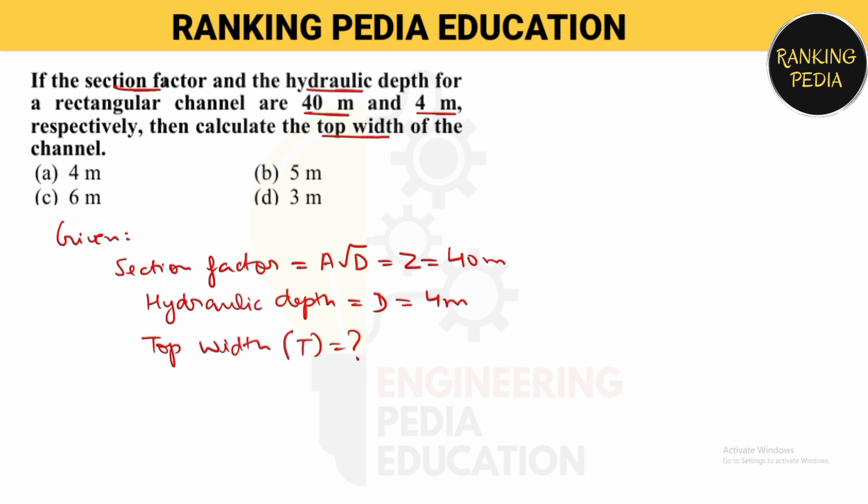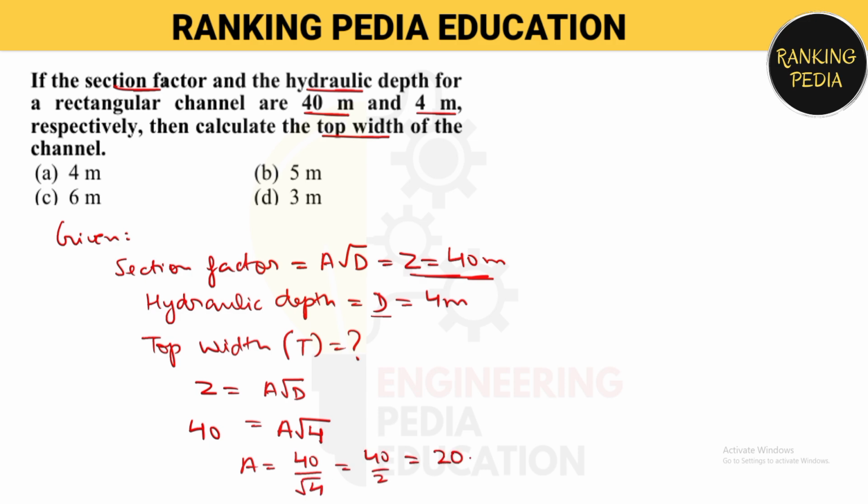As we know, A is area of rectangular channel, Z is equal to A root D, and here Z value is given, section factor 40. First we will calculate A, the area of the rectangular channel. D value is given 4, D is your hydraulic depth. A is equal to 40 by root 4, here 40 by 2, A is 20. Area we have calculated, which is area of rectangular channel is 20.